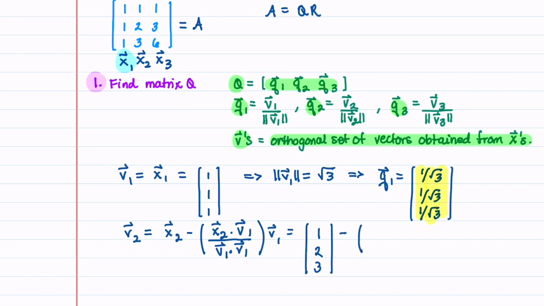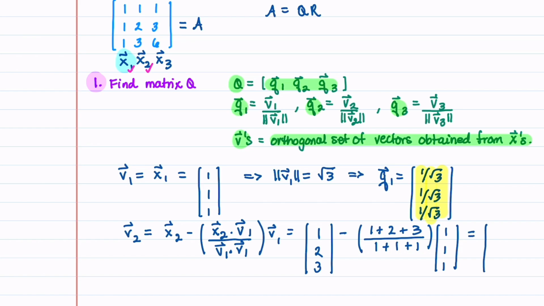So x2 dotted with v1, if we look back up top, that's just going to be these two vectors taking the dot product, and that's going to give us 1 plus 2 plus 3. And then in the denominator, we have v1 dotted with v1, which is just x1 dotted with x1, which is 1 plus 1 plus 1. And that gets multiplied by our vector v1, which is 1, 1, 1.